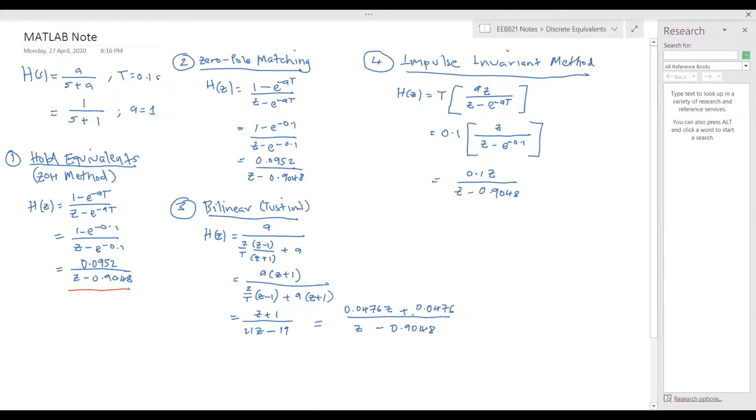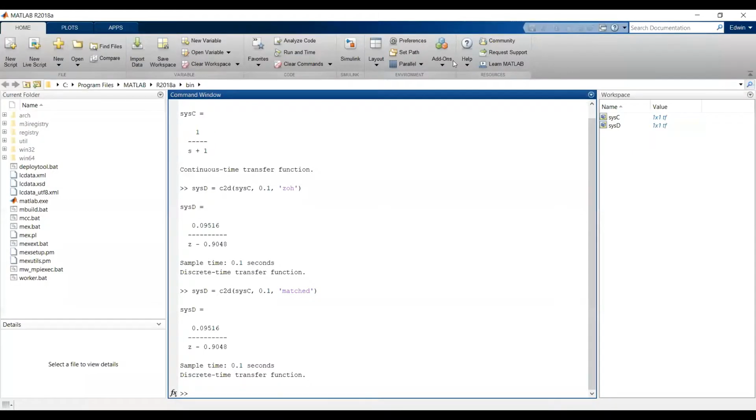0.0476 times z plus 0.0476 divided by z minus 0.9048 in the denominator. So this is what we would get. Now let's see if we get the same result using MATLAB. So in MATLAB, if we want to do bilinear transformation, we can use the method Tustin.